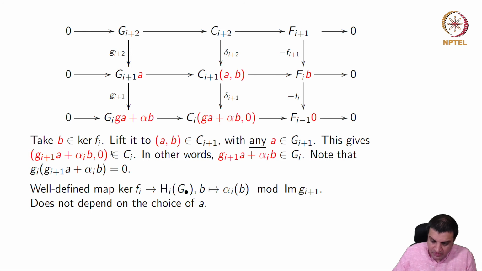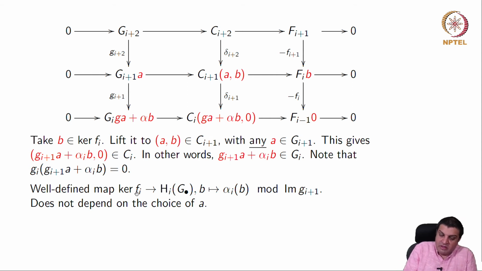So in other words, we have a well-defined map from the kernel of Fi to the homology at Gi, not to the kernel, because the actual map depends on the choice of a. So there is no well-defined map from kernel of Fi to kernel of Gi. There is a map to kernel of Gi mod the image of G. To make it a well-defined R-linear map, one has to go modulo the image of Gi.